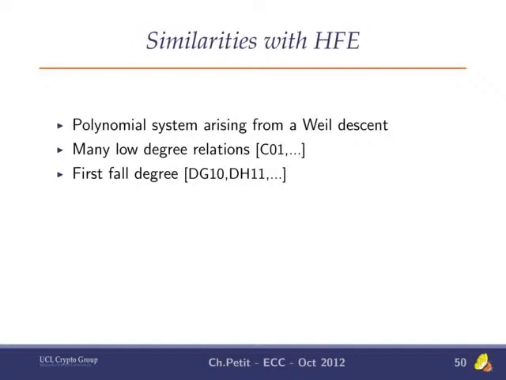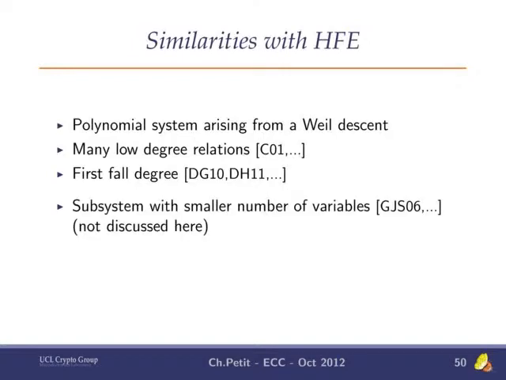Other arguments: by modifying a little bit the system, you can get a subsystem with a smaller number of variables, which also implies that the complexity is smaller, because complexity depends very much on the number of variables.